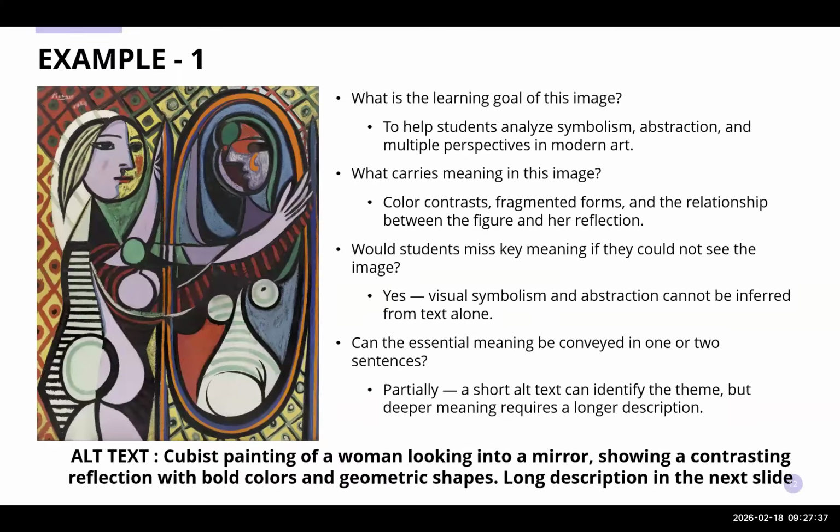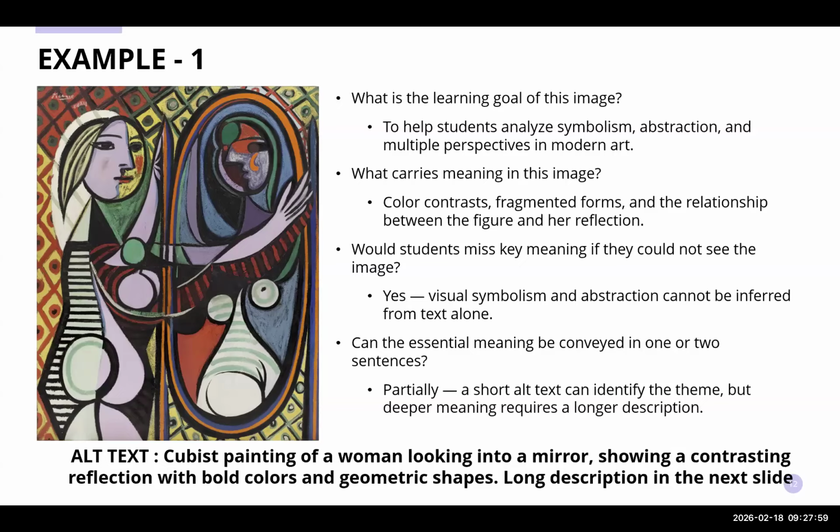Let us look at our first real example. Now, imagine you are teaching a course on modern art and you show this famous painting by Picasso called Girl Before a Mirror. To figure out how to describe it, we start with those questions that we talked about earlier. First, what is the learning goal?